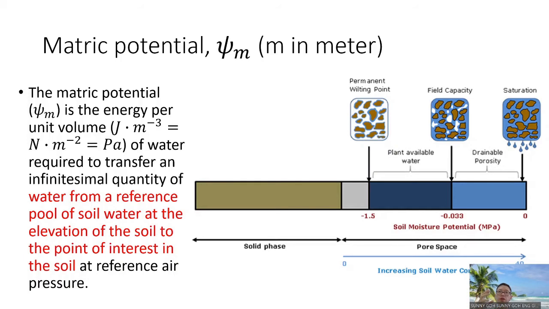The roots lose, because the extraction of water by the plant roots is not as strong as the extraction of water by the soil. So the roots of the plant fail to extract water because the suction pressure of the soil is very strong at this point. This point is called the permanent wilting point, and the pressure is negative 1.5 megapascal.